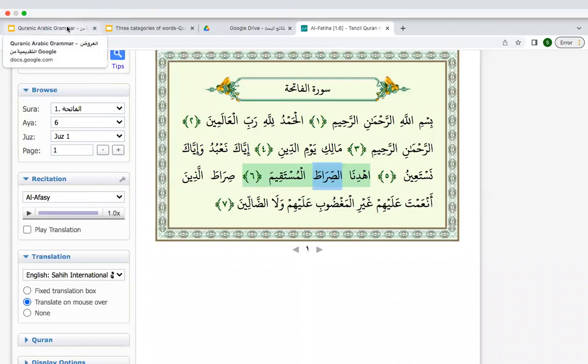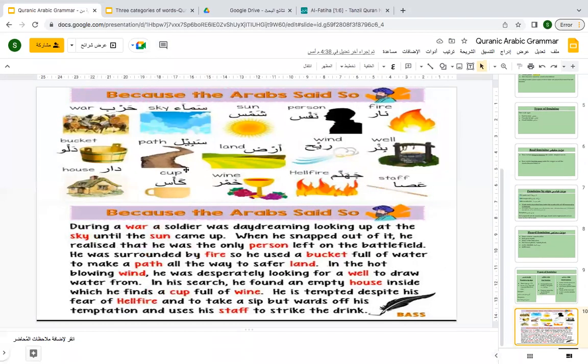Sabil. Here it is. So the word is Sabil. Can you all see? The word is sabil in the slide. Yes, it is path, but as-sirat is also going to be treated as path, but that is not here.